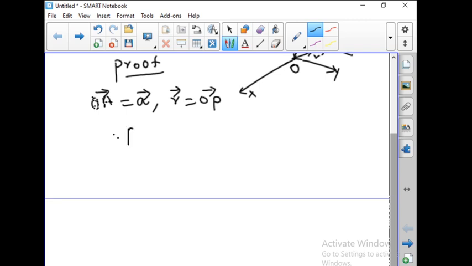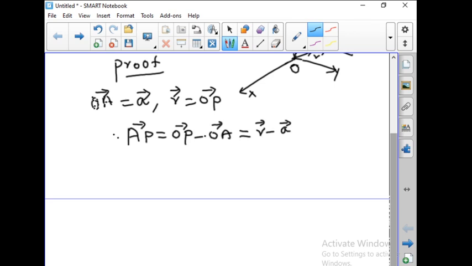O is the origin of vectors. So AP is equal to OP minus OA, which is r minus a.